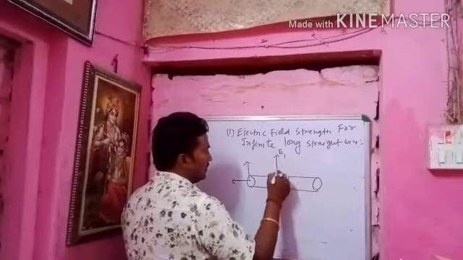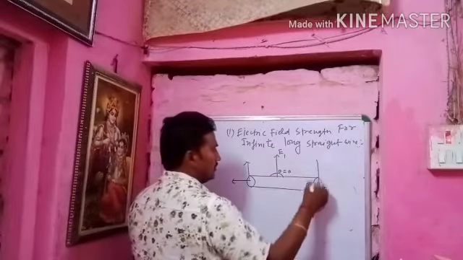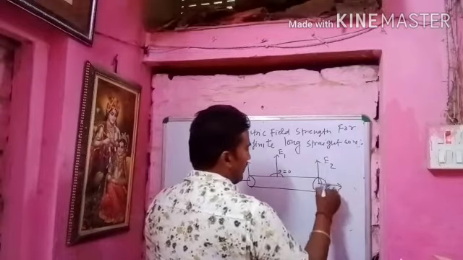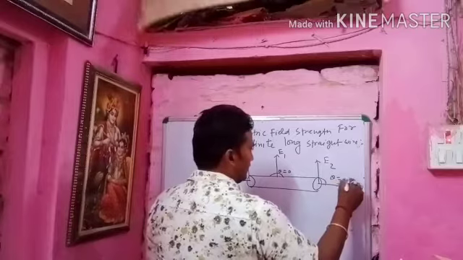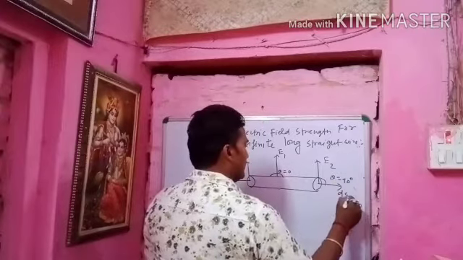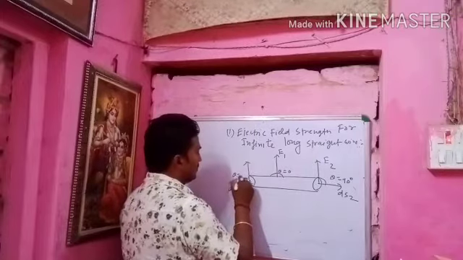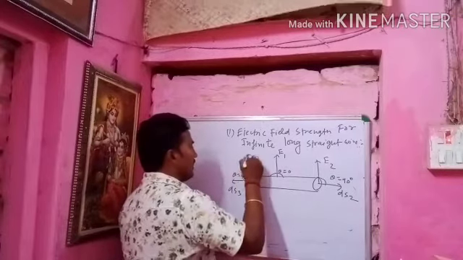E1 makes angle theta 0 with the electric field, and E2 and E3 form an angle theta of 90 degrees with ds2 and ds3.